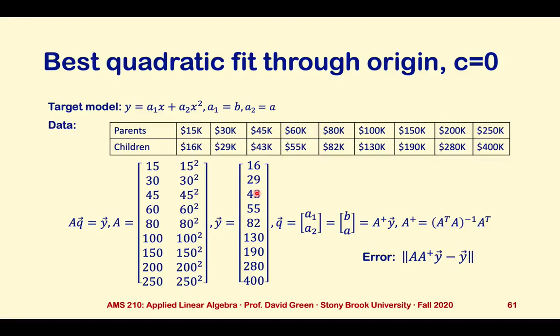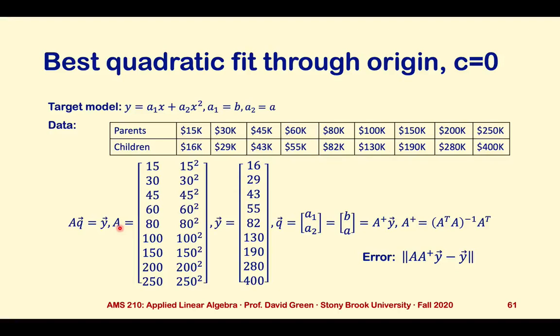What changes depending on the type of fit, linear, quadratic, cubic, or so on, constraints of going through the origin or so on, those all factor in only in how we define the matrix A.